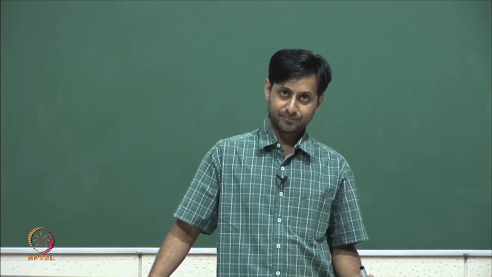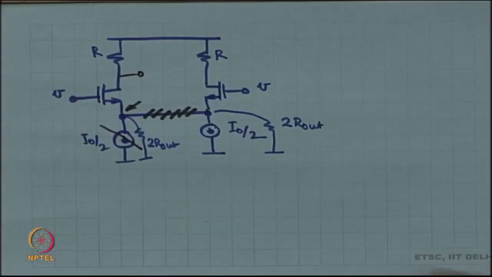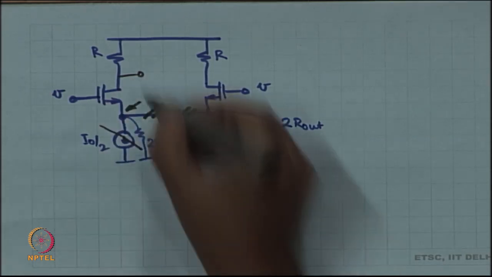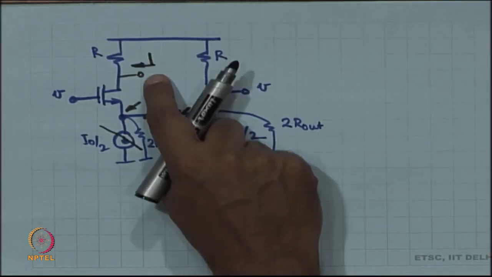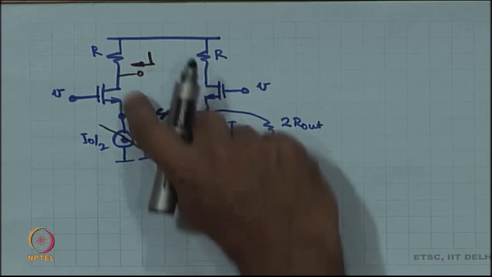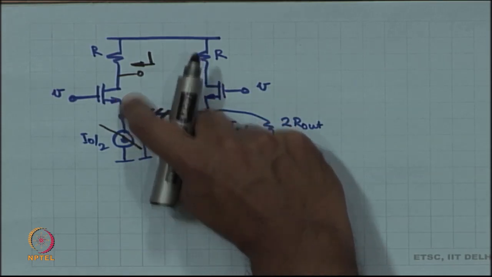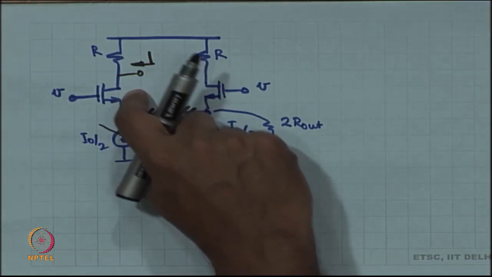Okay, remember? To solve this, you have to do short circuit current and output impedance, 2 experiments. Output impedance is very easy. Looking in from the output, you see R on top, and what do you see on the bottom? Intrinsic gain of this MOSFET times 2 R out plus 2 R out plus RDS.